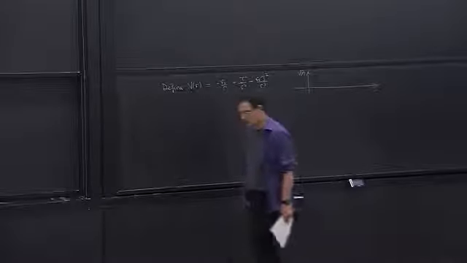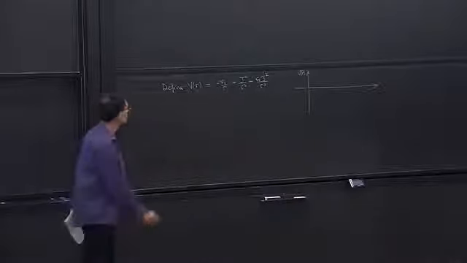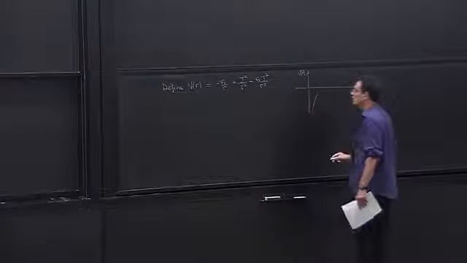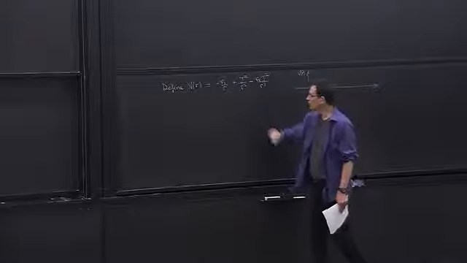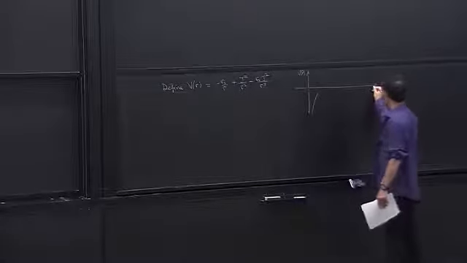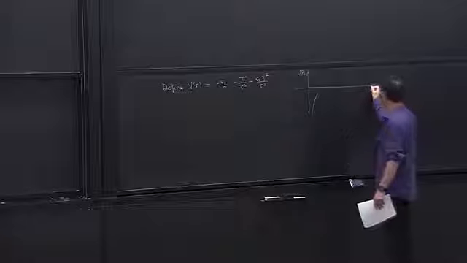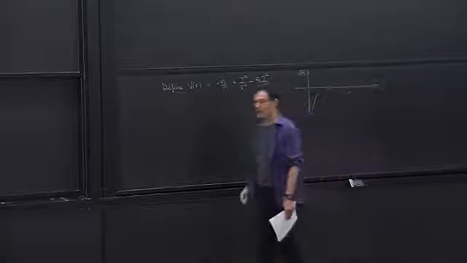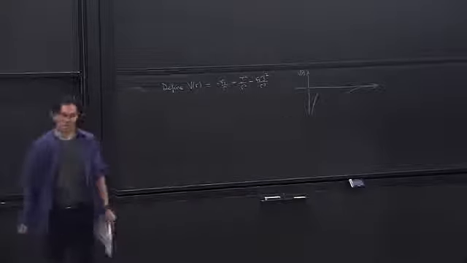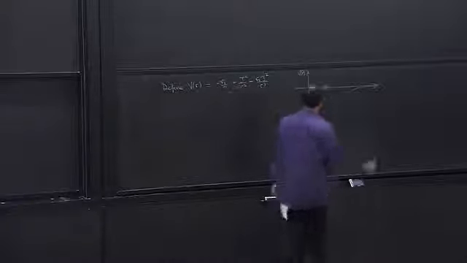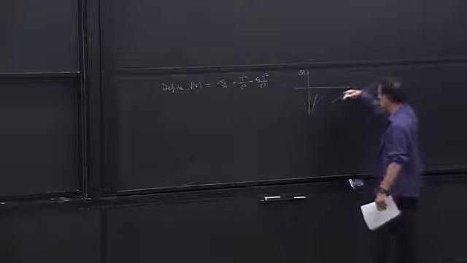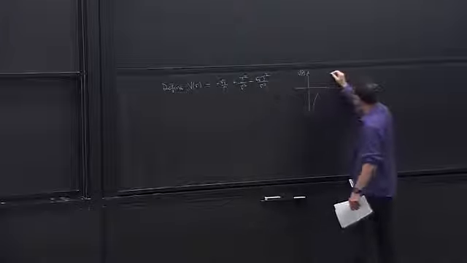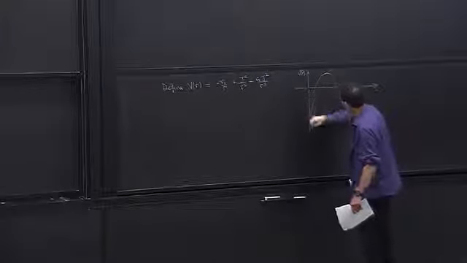Okay, so how did that function go? Well, at small r, the minus 1 over r cubed dominates. It does this. At large r, this term dominates, the minus rs over r. So it looks like that. And at intermediate r, there's a plus 1 over r squared. So as I come in from large r, the plus 1 over r squared is going to take over until this minus 1 over r cubed takes over. And so it will look like that.